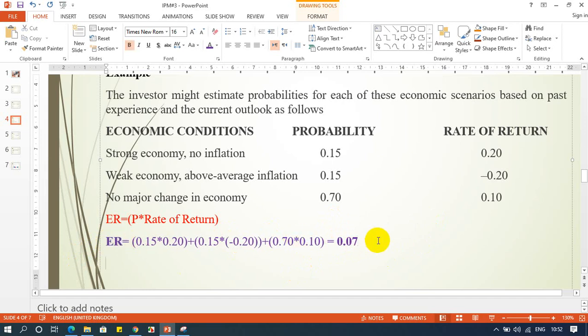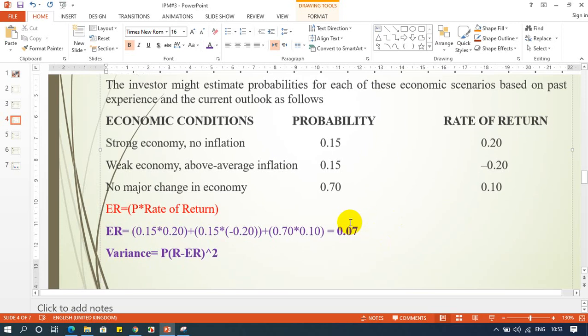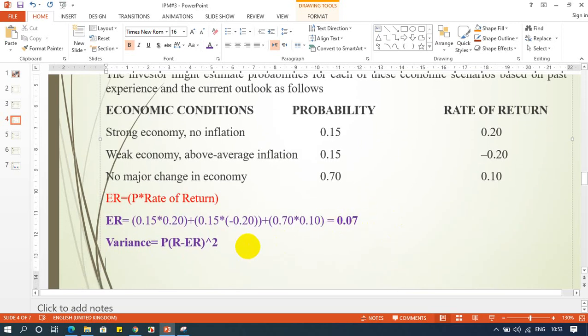Now what we have to find out is the variance. The formula is probability multiplied by (return minus expected return) squared.